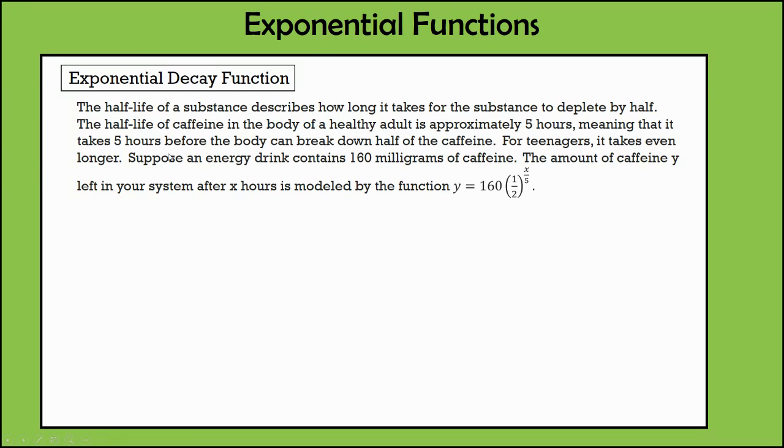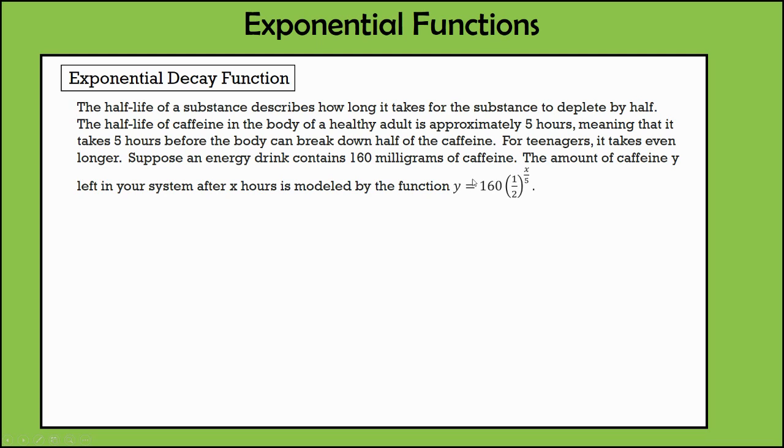Okay. Suppose an energy drink contains 160 milligrams of caffeine. The amount of caffeine left in your system after x hours is modeled by this. All right, now this looks kind of complicated, but it really isn't. 160 is the amount you put in to begin with, the amount of caffeine that you take in through an energy drink. A half is our half-life.